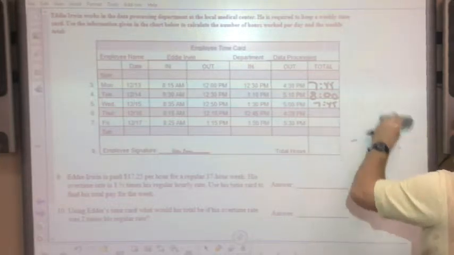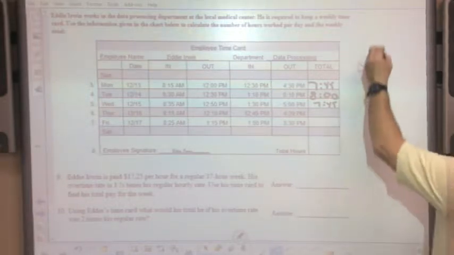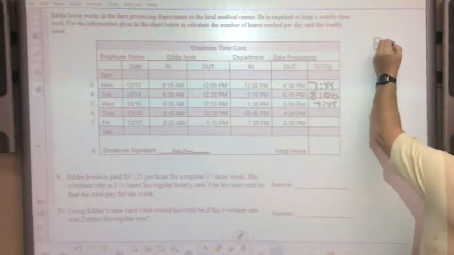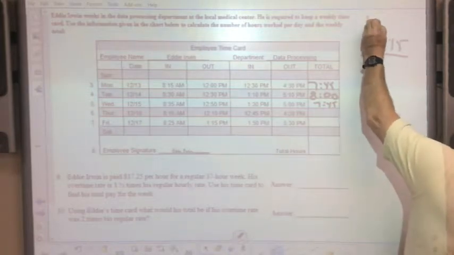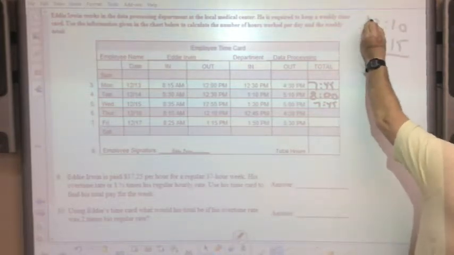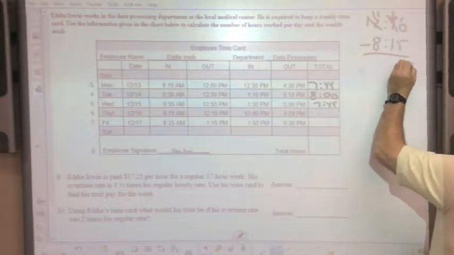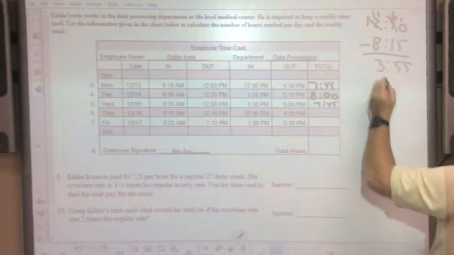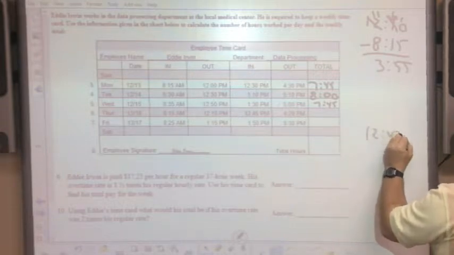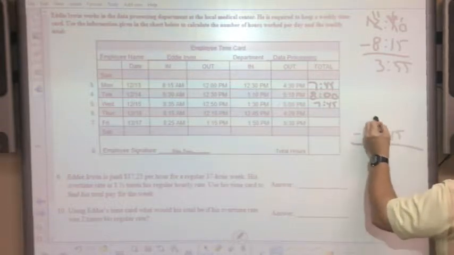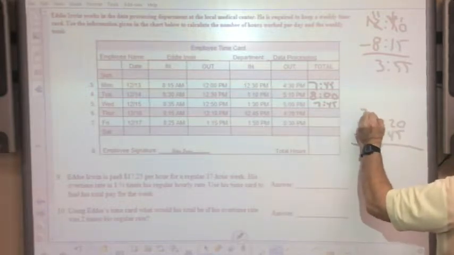And now we're at Thursday. Thursday, you get there at 8:15 in the morning, which goes on the bottom. You work till 12:10. You're going to have to borrow. So 12 take away an hour is 11. Add 60 to this. And 60 minus 15 is 55.